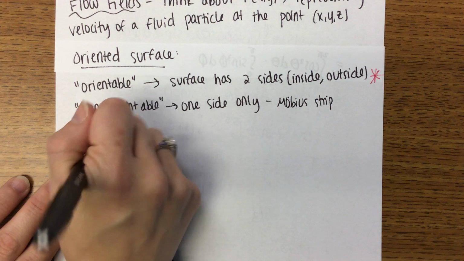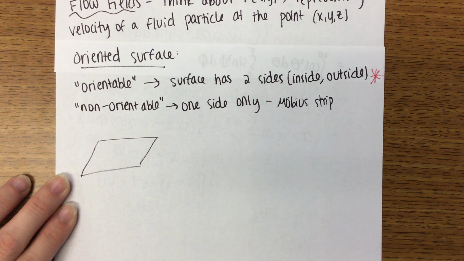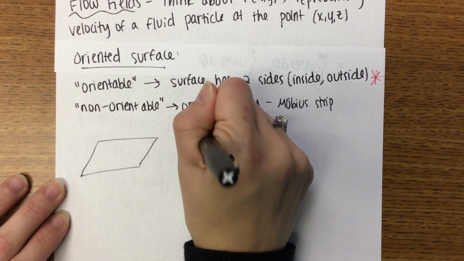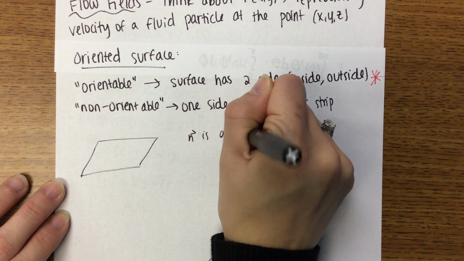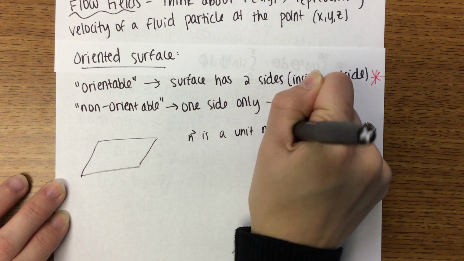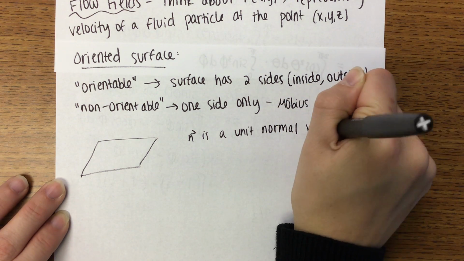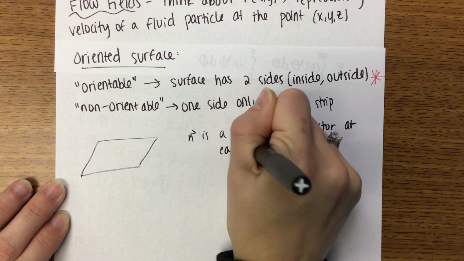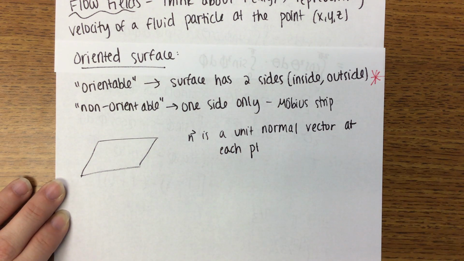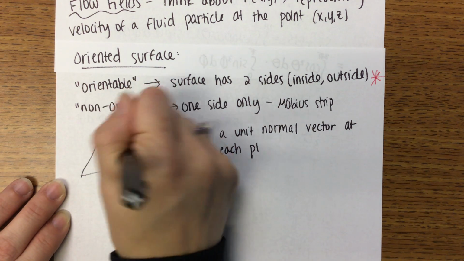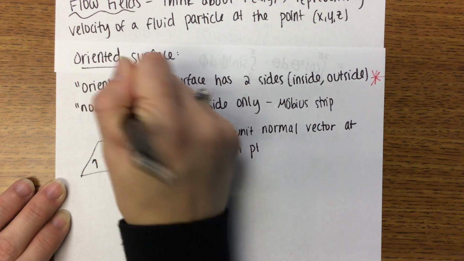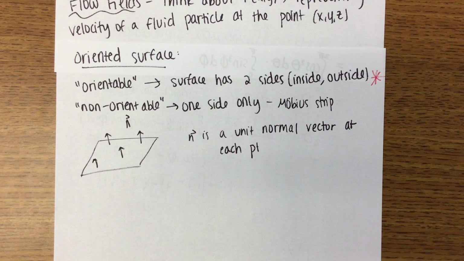So let's say that this is our surface. N is going to denote a unit normal vector at each point. So here are all of our n's, or various ones.